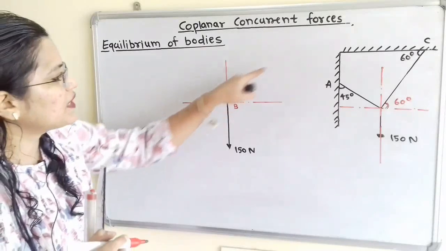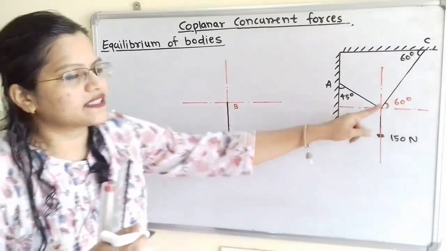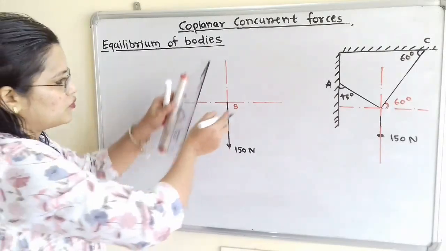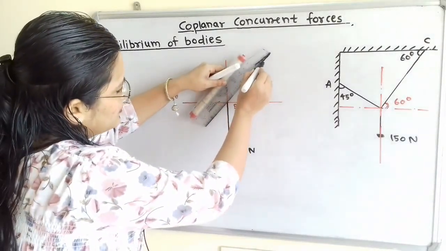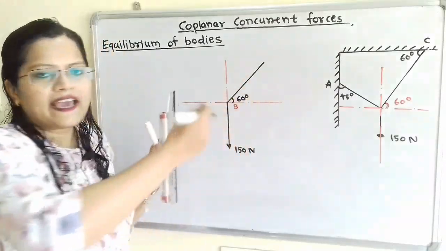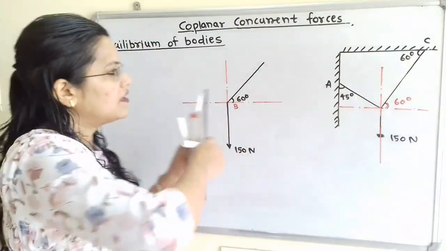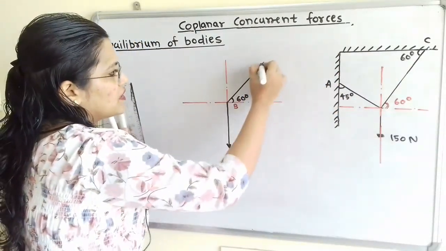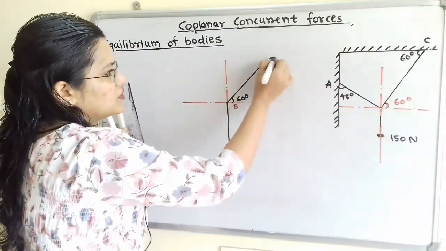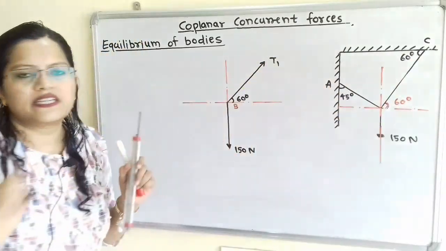In the same way we have to show one inclined line which is making a 60 degree angle with the horizontal. So I will show here the 60 degree angle and the direction of the tension created in the wire, that is in the upward direction along this line. So here is the tension T. For this wire BC, I will say tension T1.